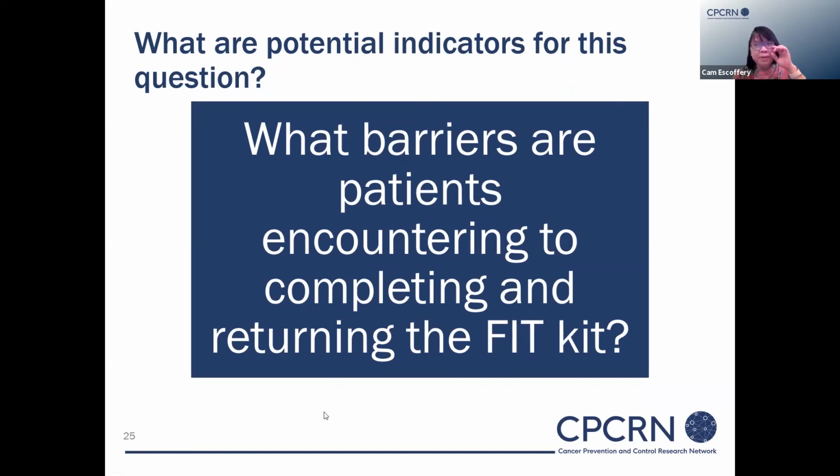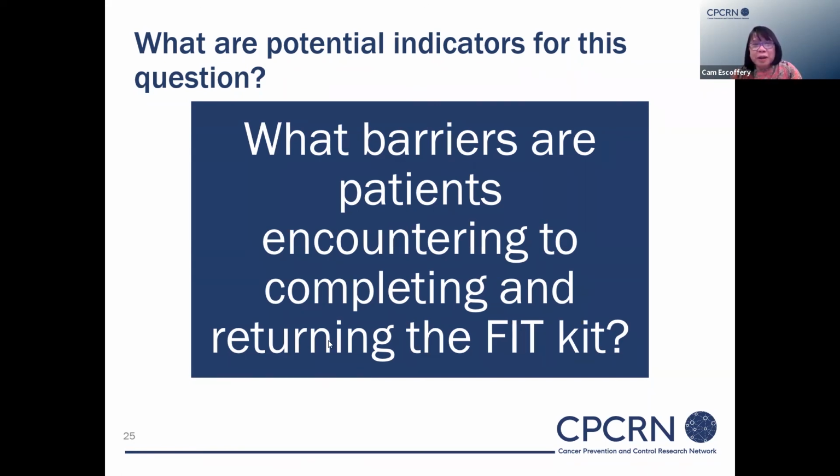Okay, a barrier might be understanding how to complete the kit. Yes. So you might be getting information from them. So you guys are giving me potential barriers that they could mention. Yes. Language instructions are not as clear, even if you give them instructions. And of course, literacy.